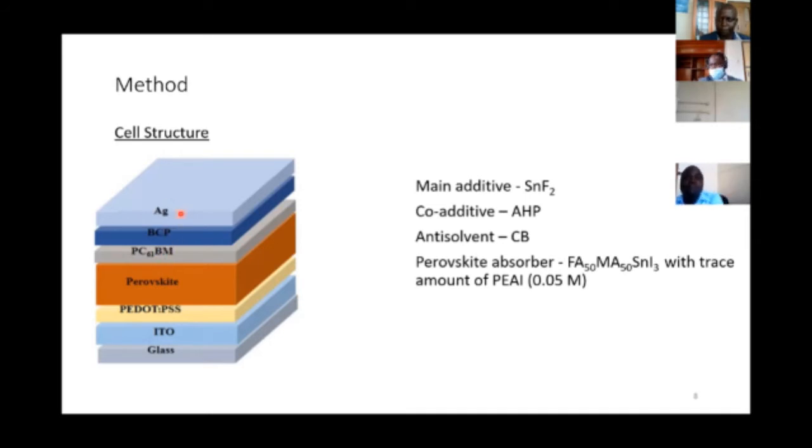Ag is silver. So we have our perovskite, where the perovskite here is in this form. We have FA50, MA50, we mix the two, and then the tin iodide. So from here, our antisolvent that was used is CB, and then the co-additive is HZ.